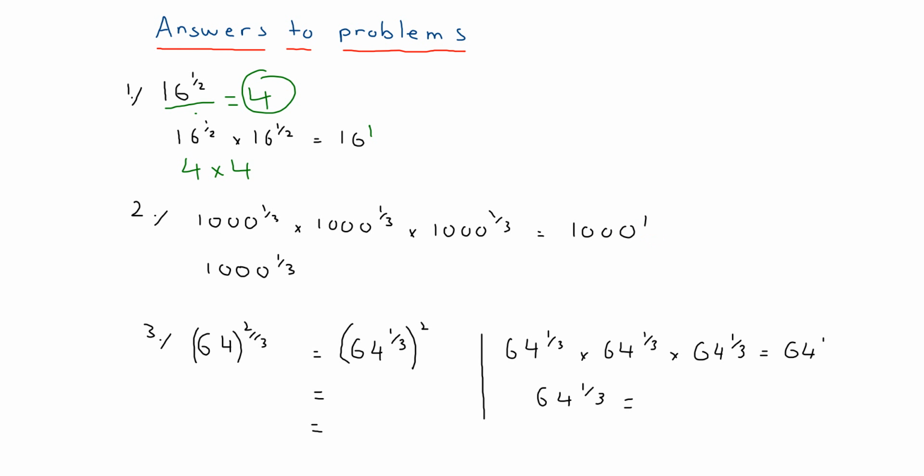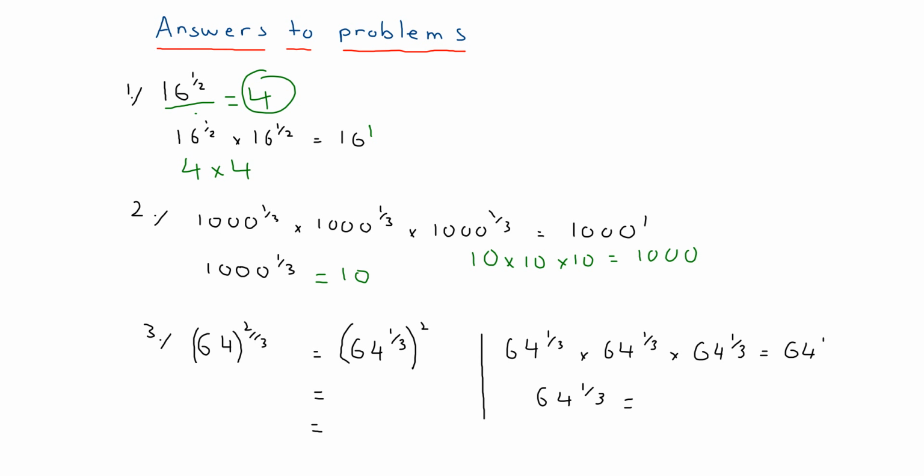Then I think, what do I have to times by itself 3 times to get 1000? It sounds like 10, because 10 times 10 times 10 equals 1000. So 1000 to the power of a third must just equal 10.